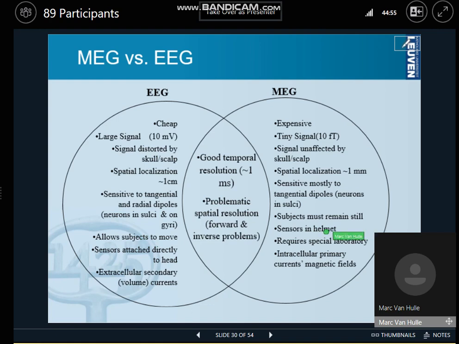It's all fixed in the bunker, remember? And sensors are, in the case of EEG, directly attached to the head. You need some gel or some liquid to make it happen, and it's not the case in MEG. But on the other hand, you need a special laboratory and a lot of precautions. So all of these are the basic working principles of EEG and MEG, something that we already discussed.